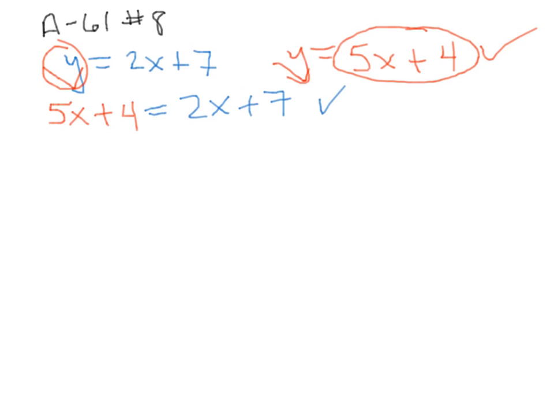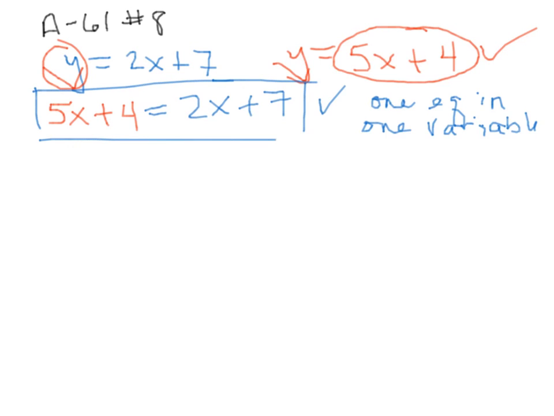Now remember that when we finish step 2, we end up with one equation in only one variable, right? So I have this beautiful equation here after step 2, and I only have one variable in it, and that is x. So that means I can actually solve this equation for x.